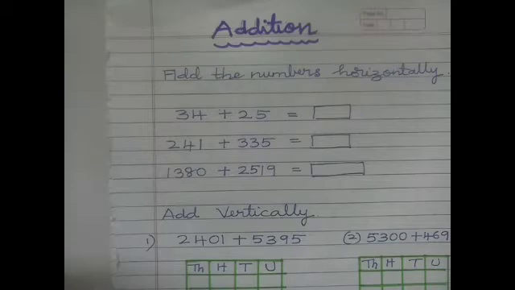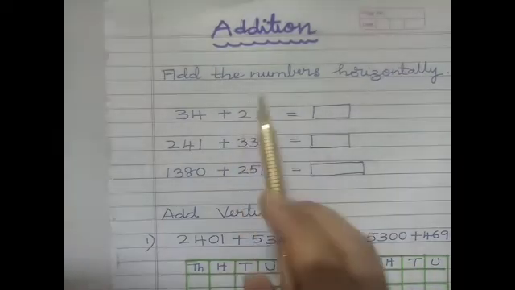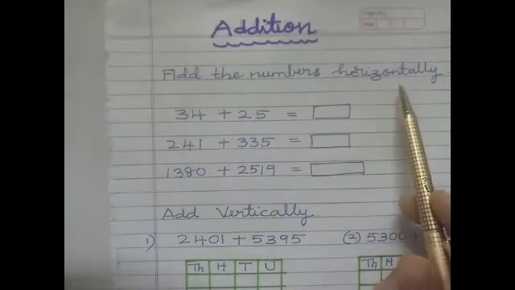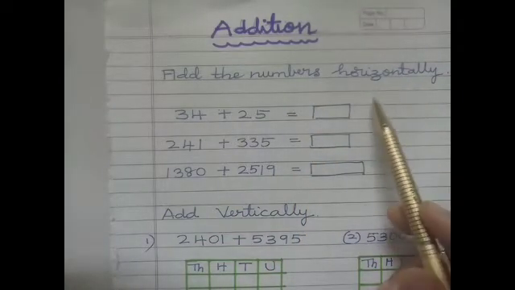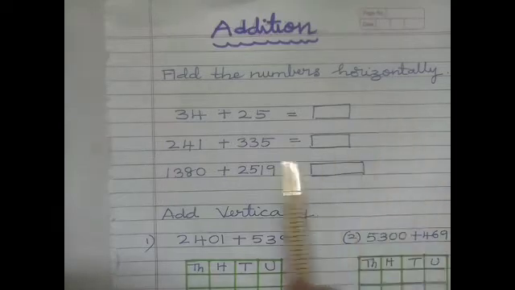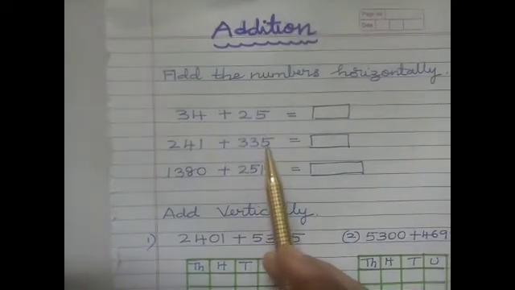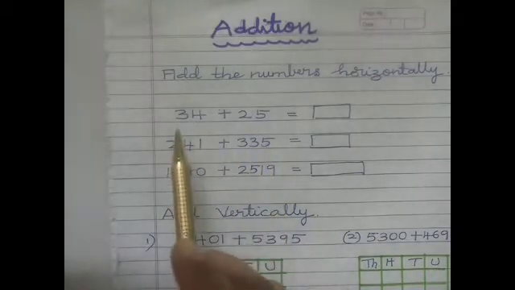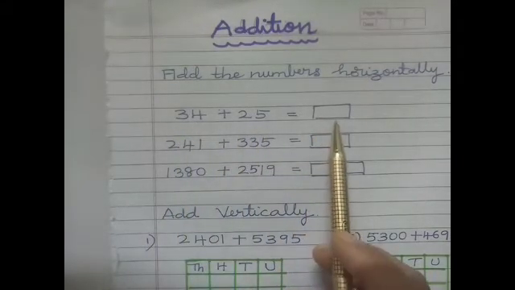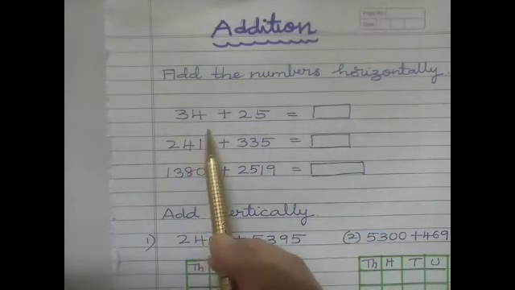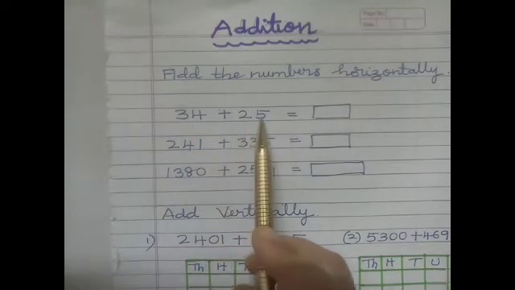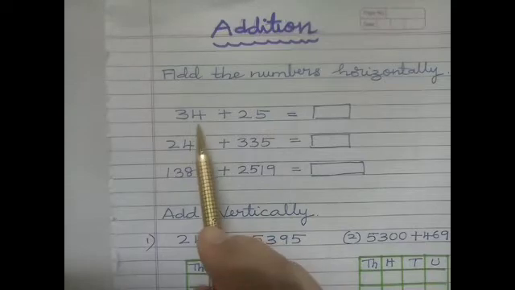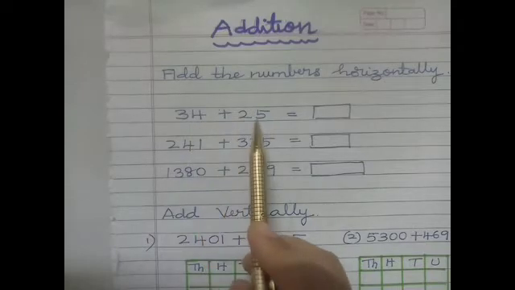Now let us solve the sums. Children, add the numbers horizontally. So first let us learn to add the numbers horizontally. Horizontally means it is a sleeping line. Okay. So the first example I have written 34 plus 25.